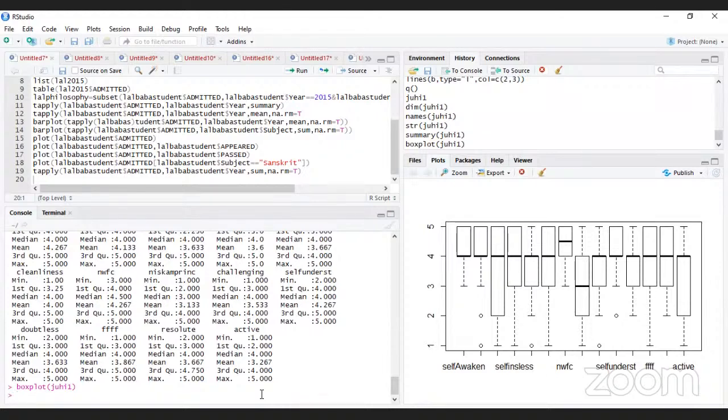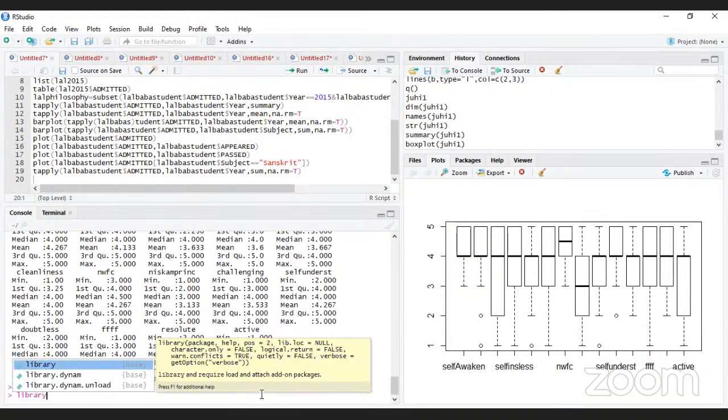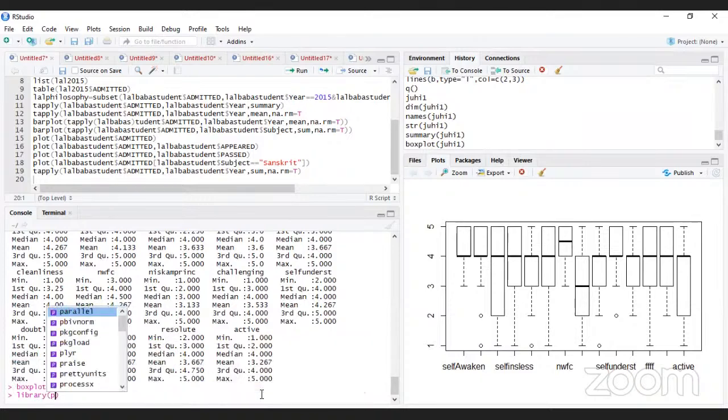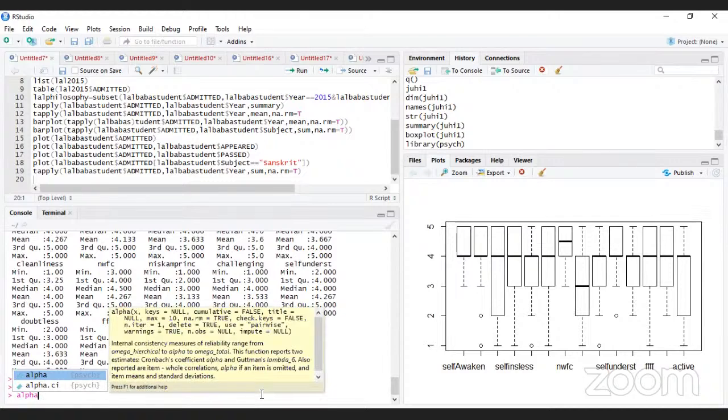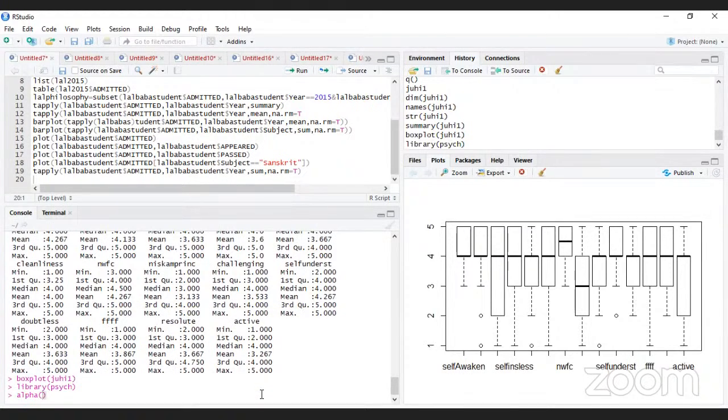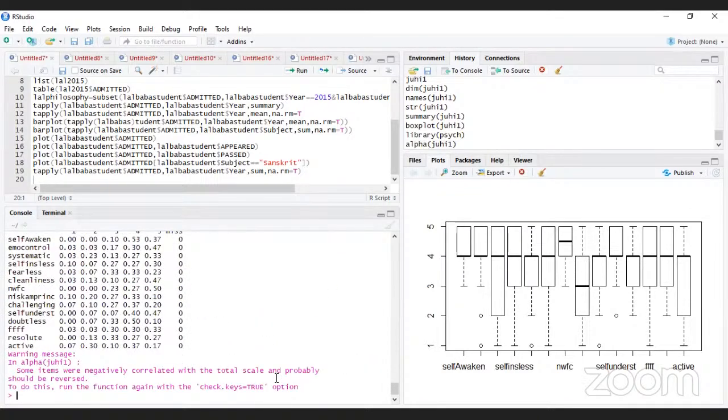Now, my purpose is to find out the Cronbach's alpha. Then what I have done, I am writing library psych package and then alpha, bracket, Juhi1.